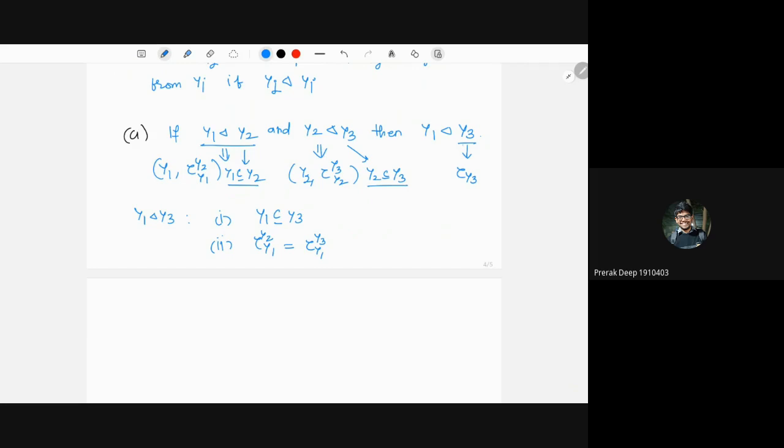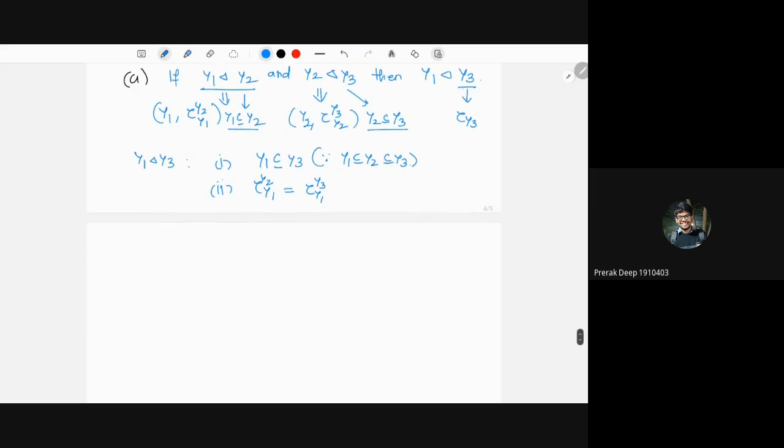So it will show that Y1 is a subset of Y3. That is clear. Now let us look at the second part. For the second part, we will prove the containment from both sides. First we will prove one side containment.